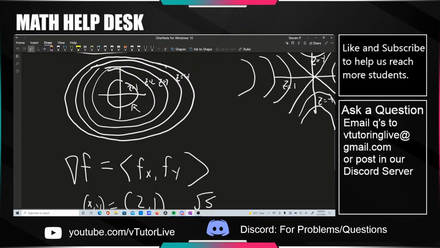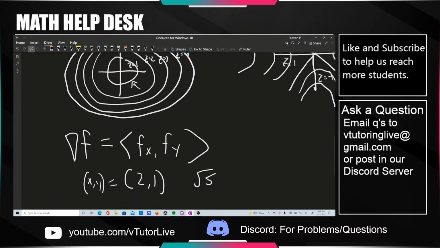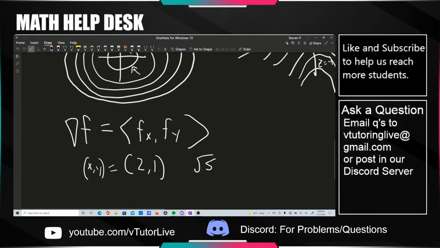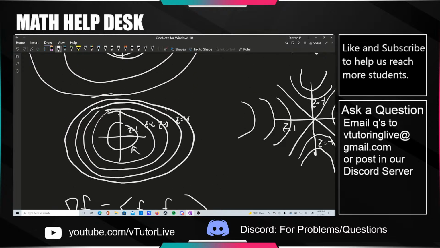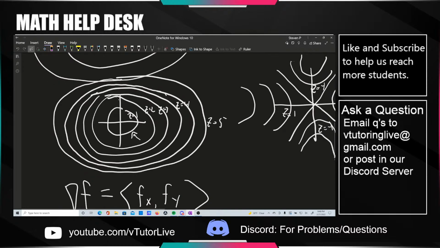Right, radius root 5, which means that the z value is going to be equal to 5. Sorry, z is not a radius 5. z is equal to 5, right?